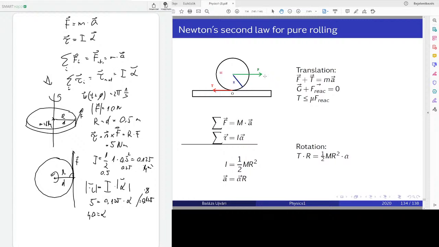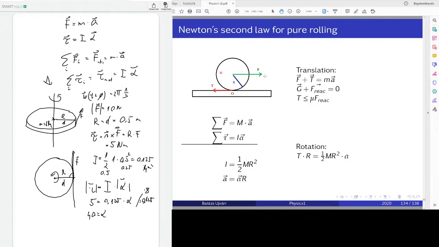This is pretty simple, but since there are 3 equations and 3 unknowns, you have to practice not to screw up the calculation. And if you remember, the friction is also not that easy, because friction can be or can't be large enough for static friction, and sometimes we have to change the equation for kinetic friction, so that needs some concentration from the students to solve these kinds of examples.